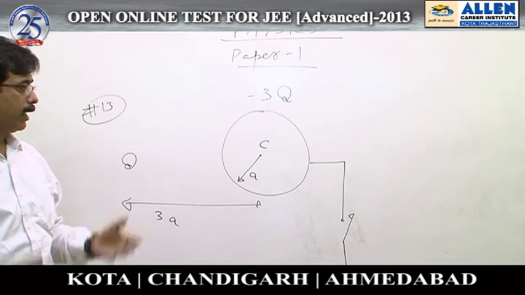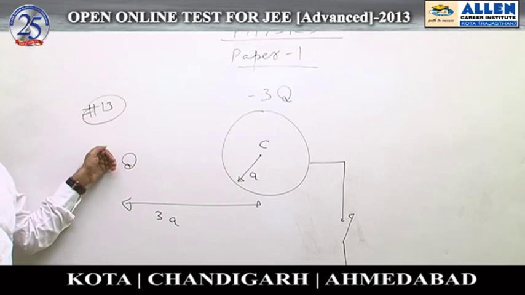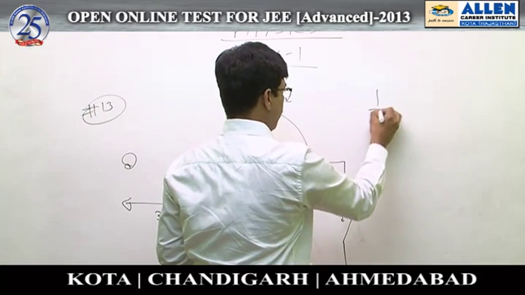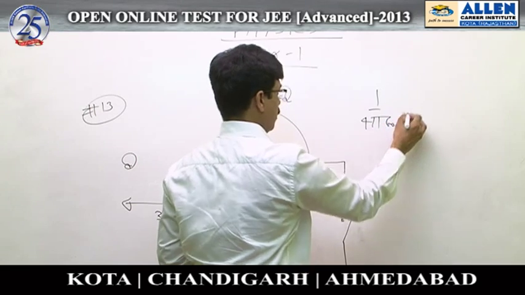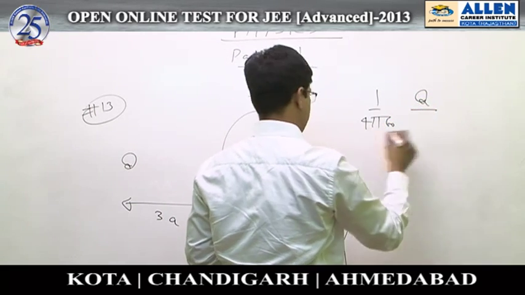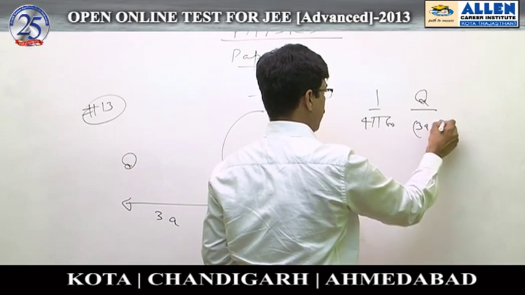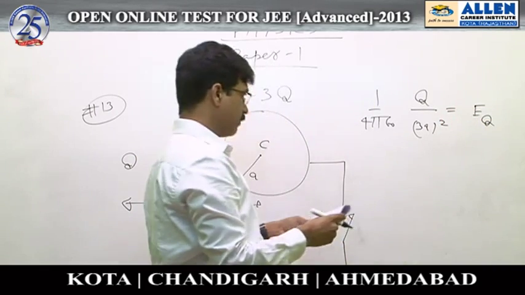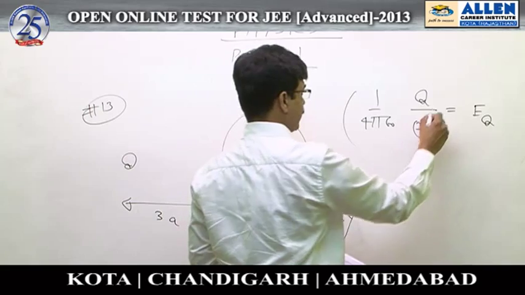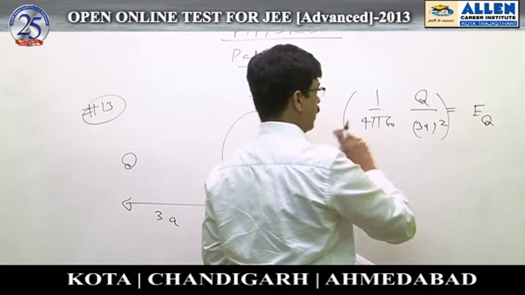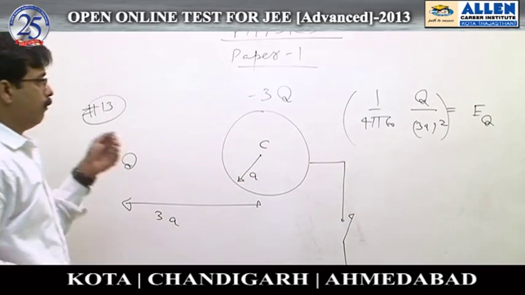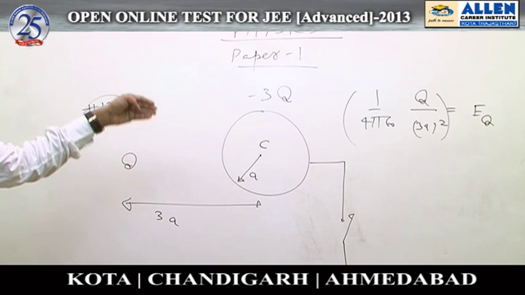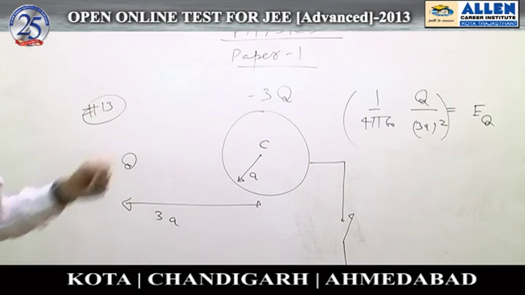We just have to calculate the field of charge Q, which is 1 upon 4 pi epsilon naught Q upon (3a) whole square. This is the field created by Q, and this field acts in the positive x-axis direction, that means towards the right. This implies the field created by charges appearing on the outer surface must be opposite to this field.